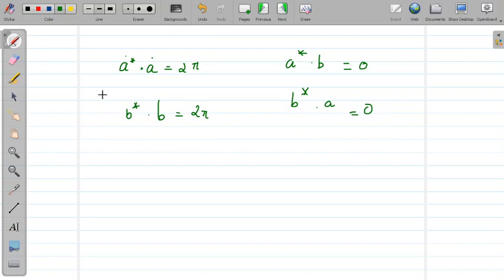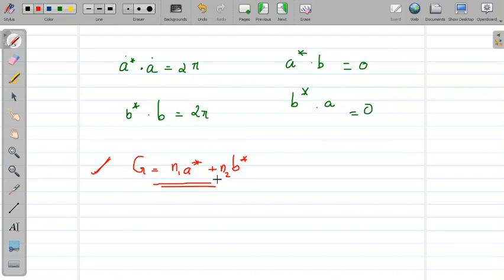We can also define a translation vector in the reciprocal lattice. It is defined by G equal to n1 A star plus n2 B star. I will give you a short video about the meaning of the translation vector. So as of now, let us learn that the translation vector is defined by n1 A star plus n2 B star.